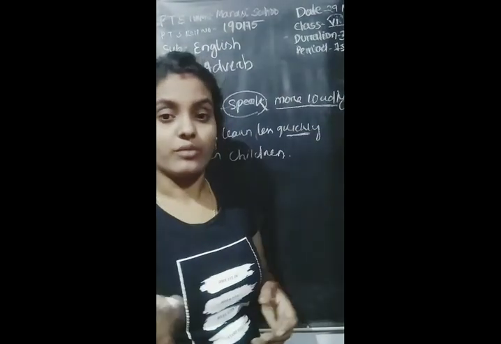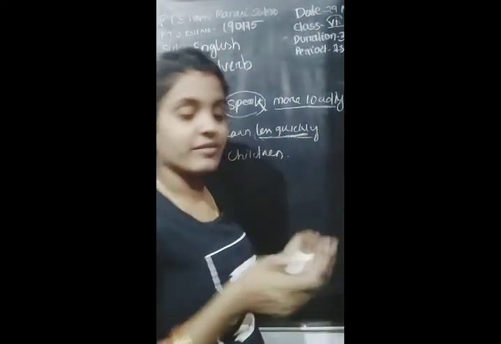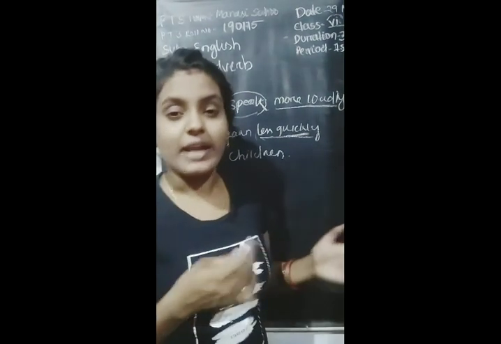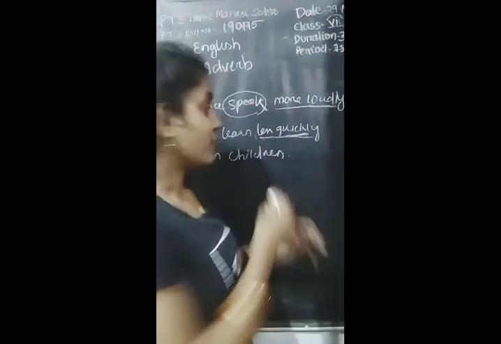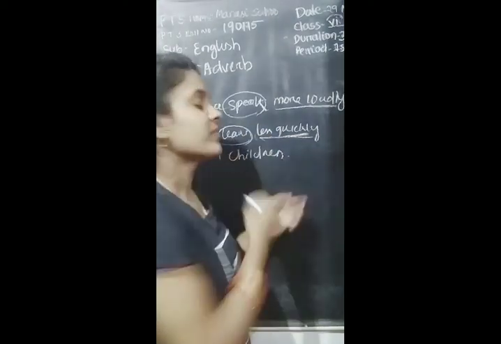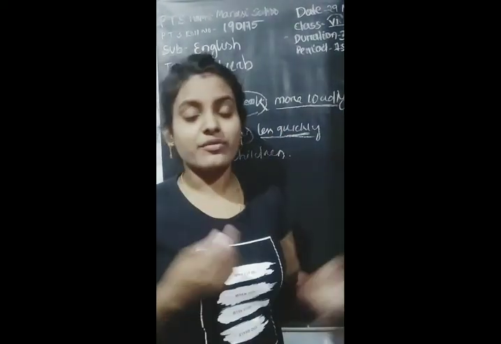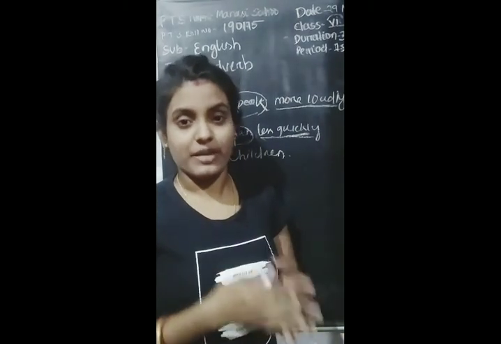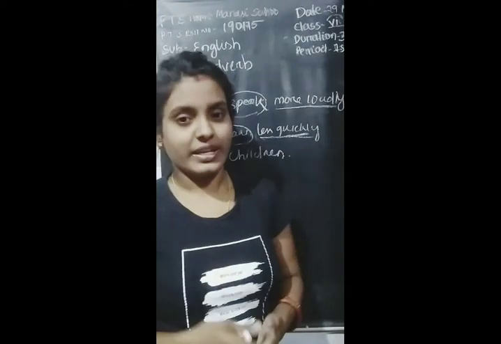Quickly is the adverb. Okay, and we have added less with the adverb quickly and it becomes a comparative form, and it modifies the verb learn. Okay, so these are two examples of comparative adverb sentences, and these are very easy.